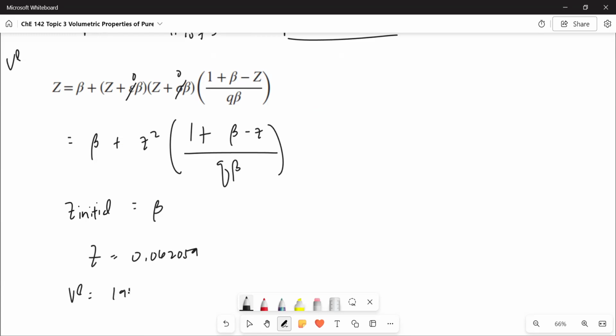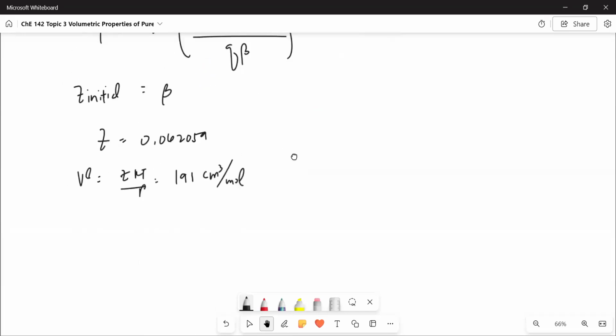I will not write it anymore. So that's ZRT over P. What you will get is 191 cm cubed per mole. Okay, that's the volume of the vapor and liquid-like for the Van der Waals.